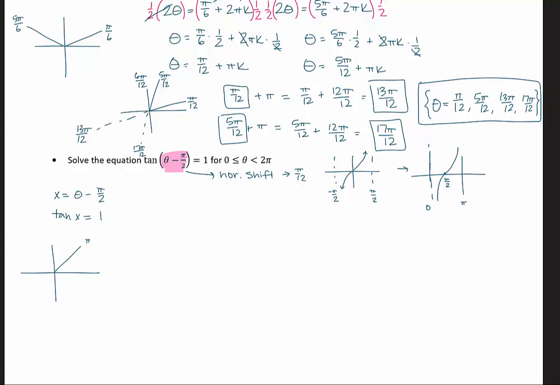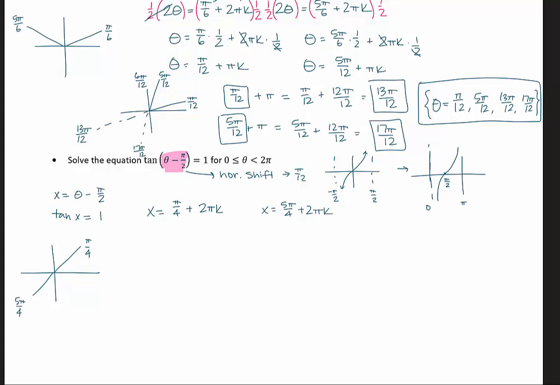So that would be here at pi over 4, and it would be here at 5 pi over 4. So when I go and set this up, x would be equal to pi over 4 plus 2 pi k for a full revolution. I also have that x is equal to 5 pi over 4 plus 2 pi k.